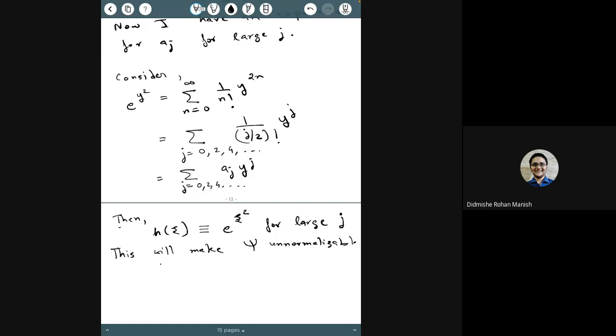Ma'am, I said that psi will become a constant, right? No, it will not become constant. What we showed was that this power series, even if it obeys the recursion relation, the last part diverges. But it is multiplied by e to the power minus xi squared by 2. Yes, that is slower than the last part, or it is constant.